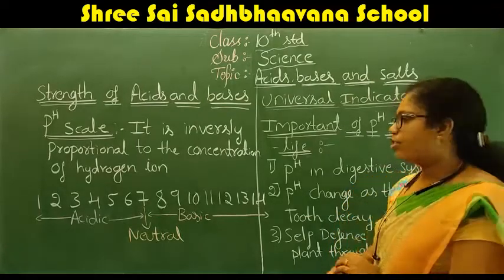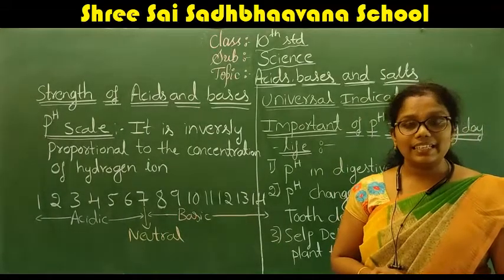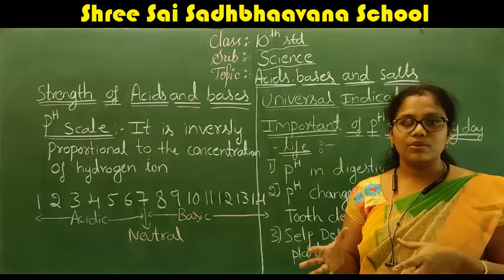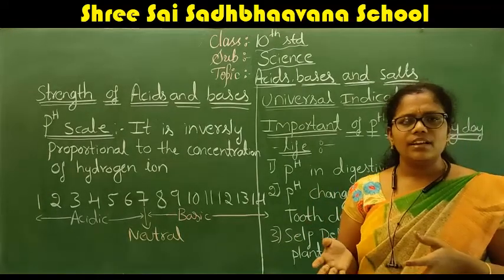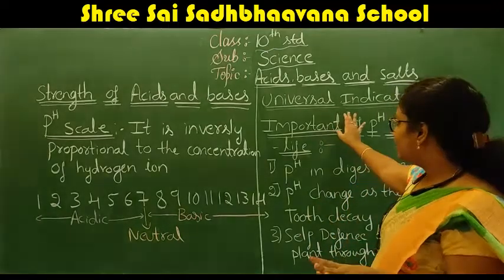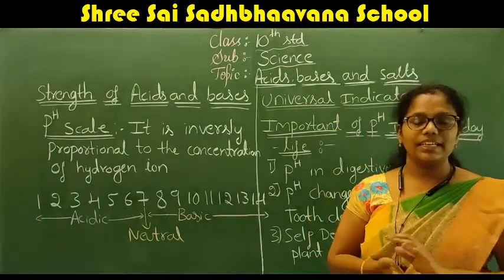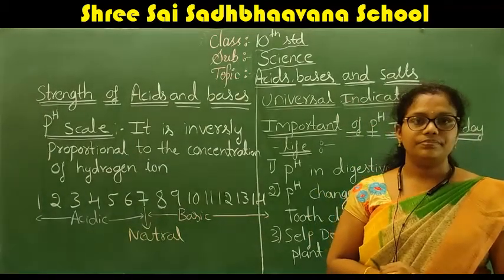You already discussed this definition, right? A universal indicator is an indicator which tells whether a substance is acidic or basic. Both things can be explained by one type of indicator. That indicator we call a universal indicator.